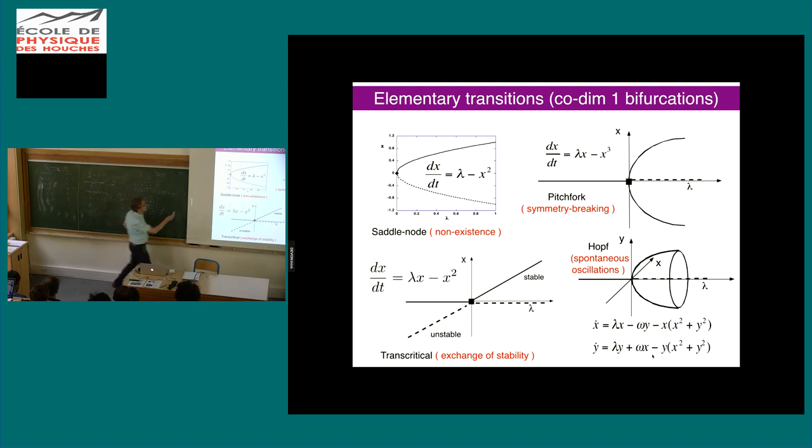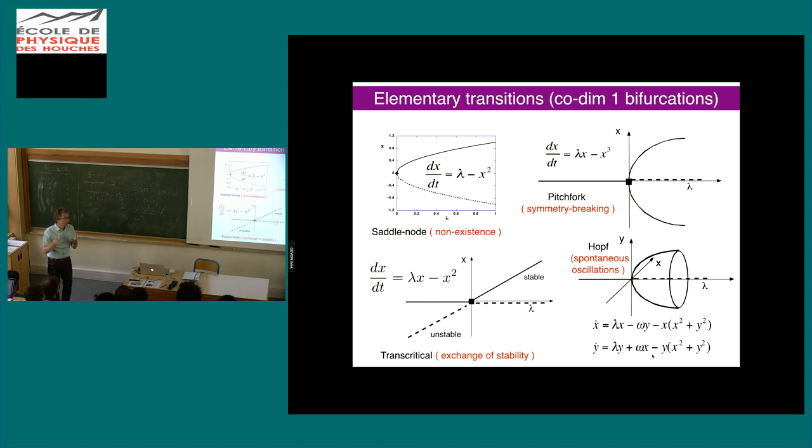So when I start a time integration a little bit off, it will go back to that steady state. But if I take the negative root, then beta becomes positive, and so it exponentially diverges from that state. So when I start a time integration somewhere here, it would diverge, in this case to minus infinity, and in this case it would go to the other state. So it diverges away from that state.